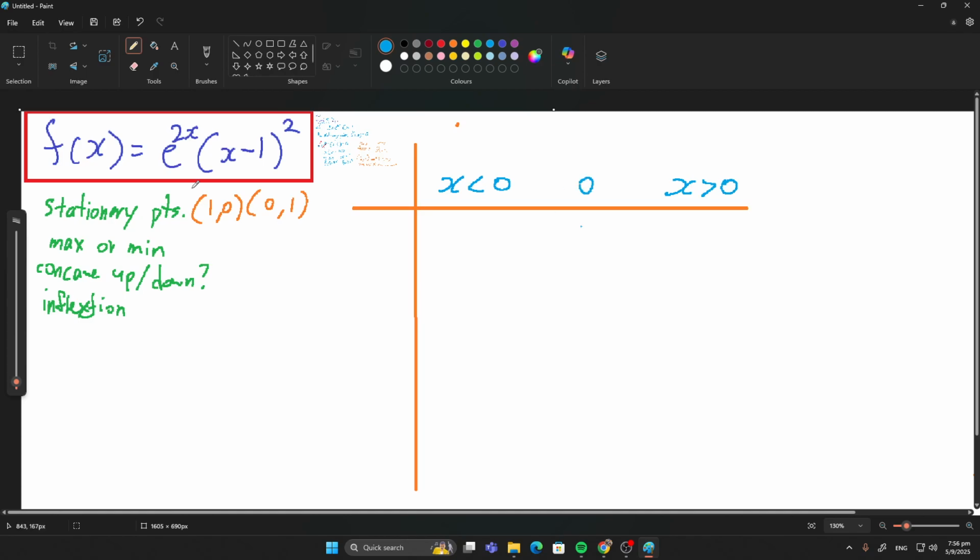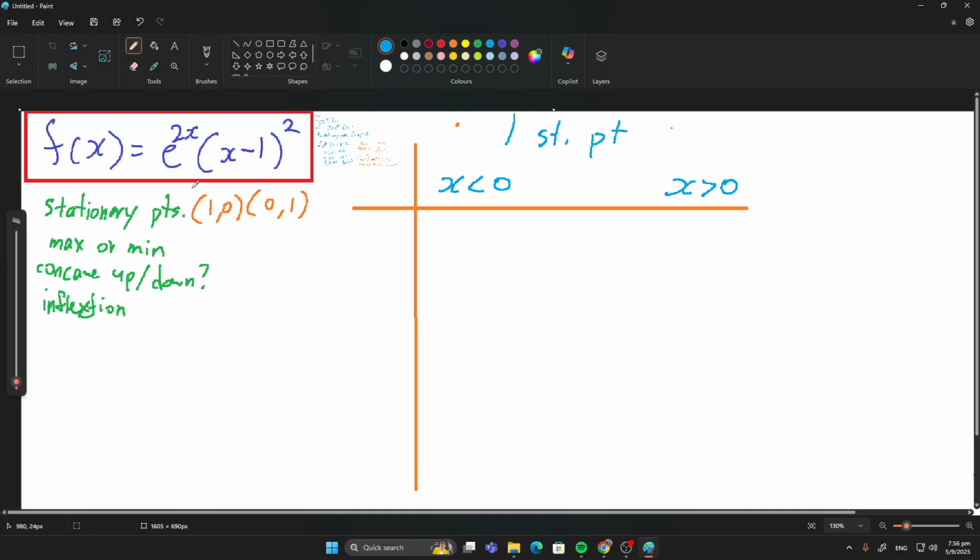Why? Because 0 is your stationary point. So essentially, whatever is at 0, there is no up or down. So if you put 0, it's going to haywire your working a little bit. So you have to put something that is less than the stationary point, more than the stationary point.